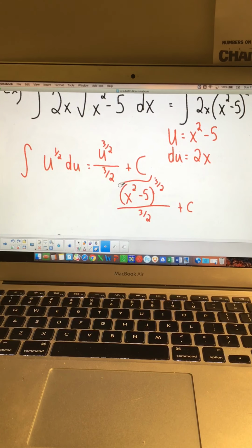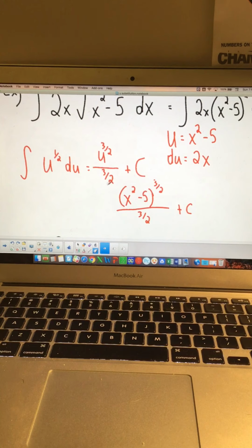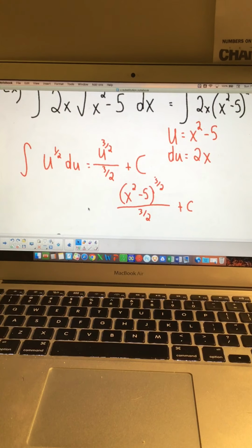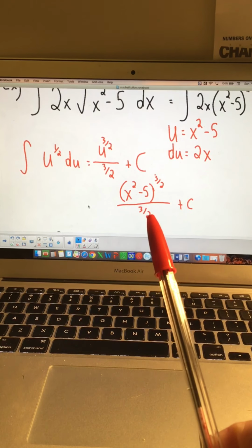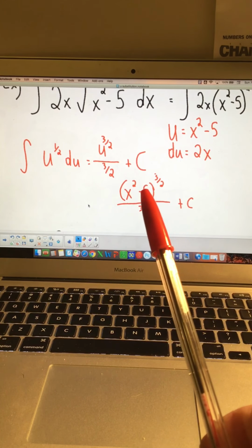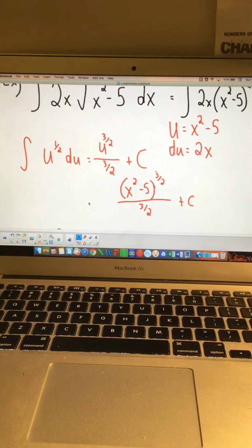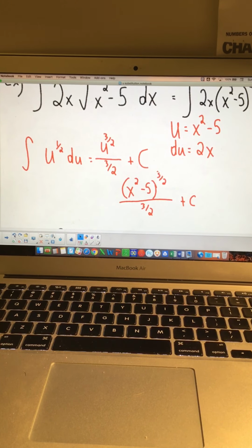So when we rewrite this here, and again I had technical difficulties before, so I'm sorry, when we multiply, it would really become a 2/3, and this would become the square root of x squared minus 5 cubed. Alright, so I apologize for that, everybody.